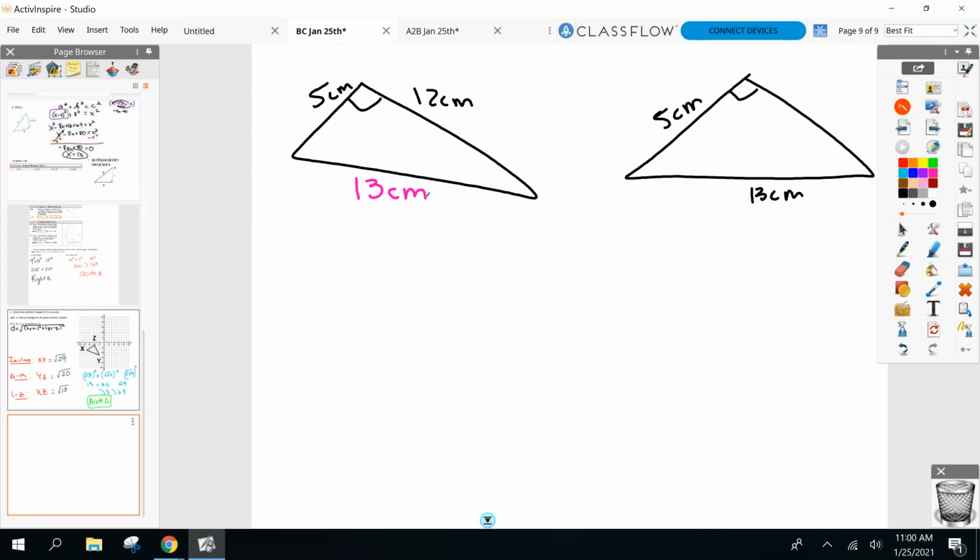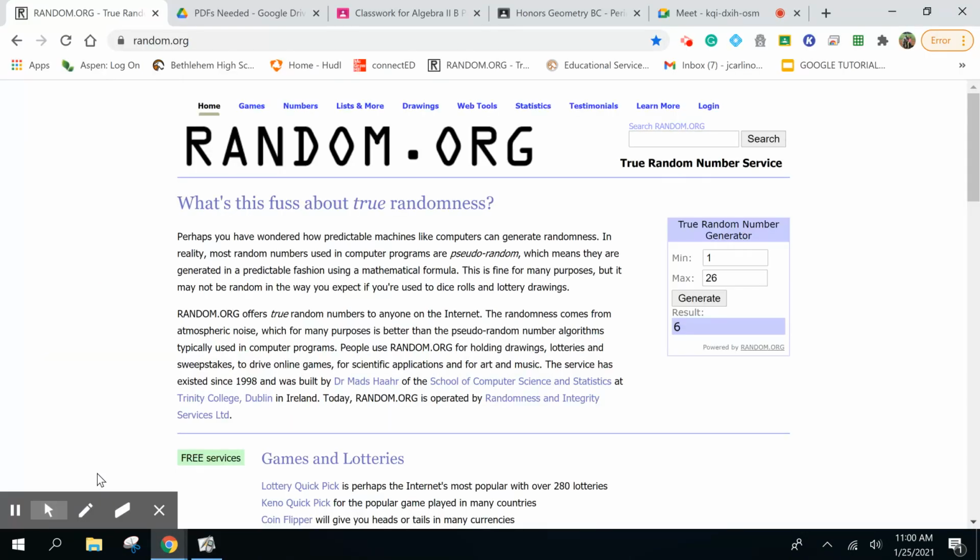In the second triangle, you're seeing the missing leg is 12 centimeters. So first one, let's talk about Big Al. He says they're congruent. Are they? Are these two triangles congruent to each other?